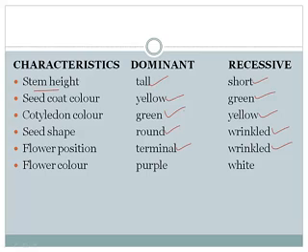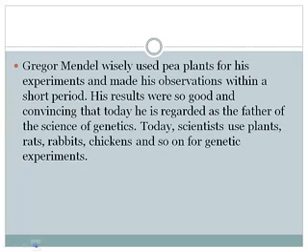Then for the flower color, he discovered that the dominant trait was purple and the recessive trait was white. Gregor Mendel wisely used pea plants for his experiments and made his observations within a short period.